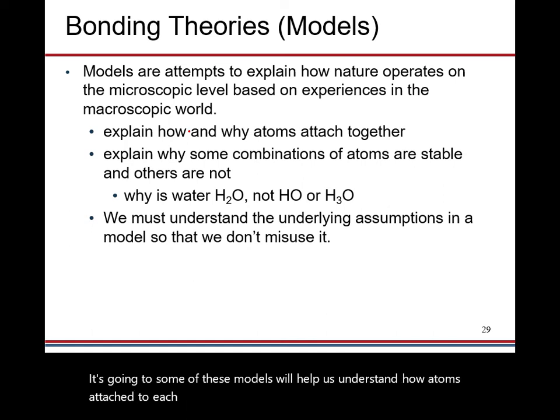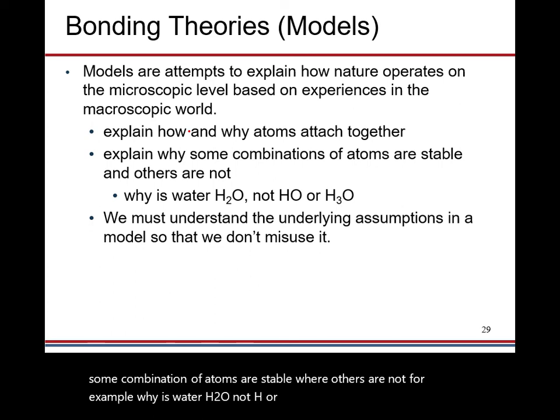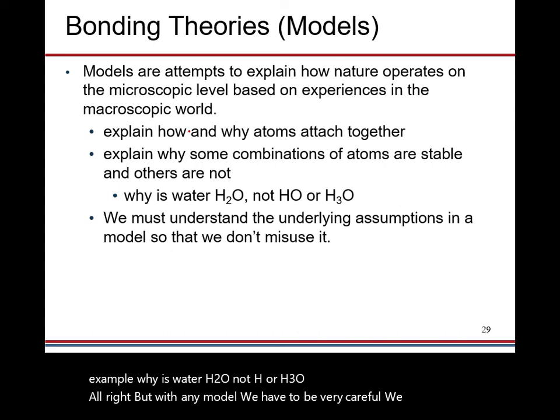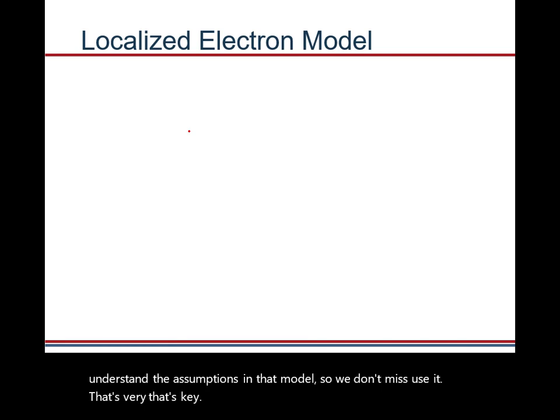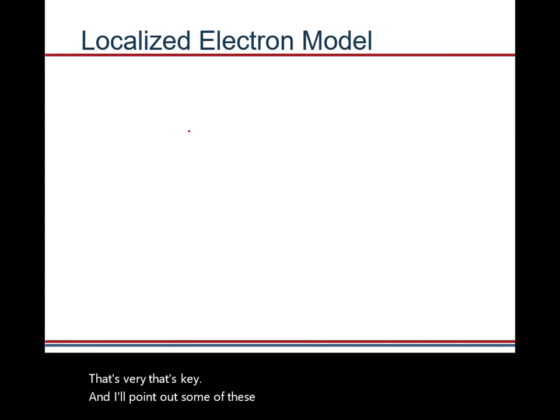They're also going to help us understand why some combinations of atoms are stable where others are not. For example, why is water H2O, not HO or H3O? All right. But with any model, we have to be very careful. We must understand the assumptions in that model so we don't misuse it. That's key. And I'll point out some of these assumptions as we go along.